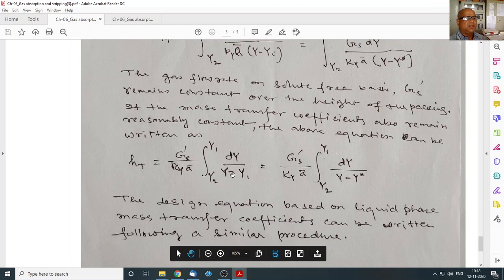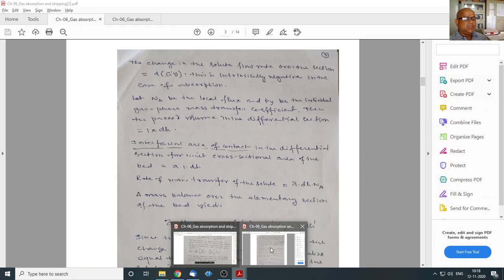Now you can integrate dy over (y minus y1) for the gas phase, and for the overall case, G' equals the integral from y2 to y1 of dy over (y minus y star). So this will be the design equation, and you have to integrate this. The similar procedure applies.